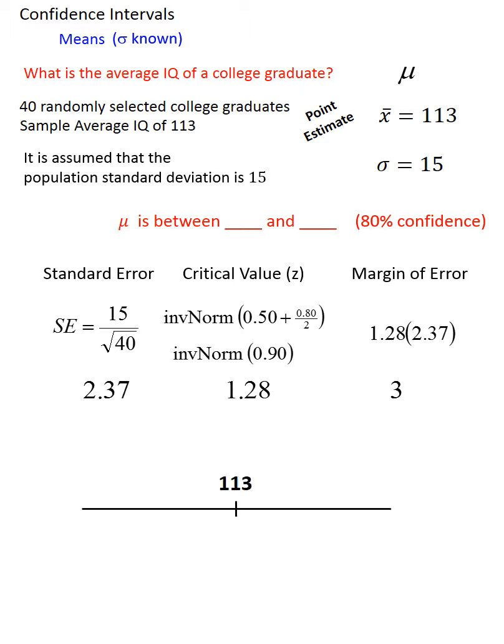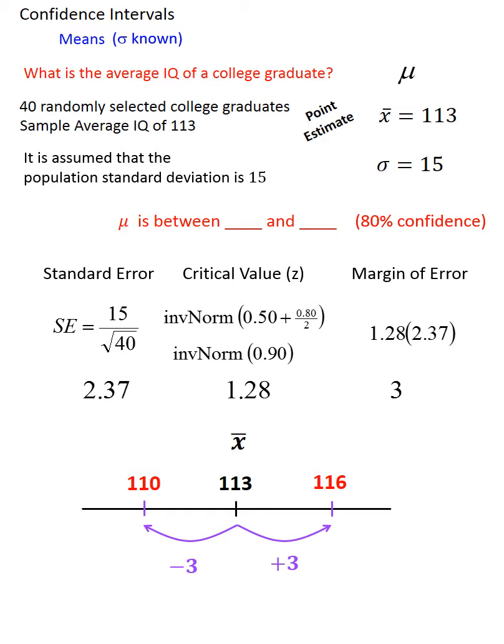Let's analyze what that means. Remember our original point estimate of 113? That number which, if I had to pick one number to estimate the population average, I would choose my sample average as my best estimate. Well, the 80% confidence margin of error tells me that that 113 could be off by as much as 3 points, meaning that the true population average could be 3 higher than that, or it could be as far down as 3 below that.